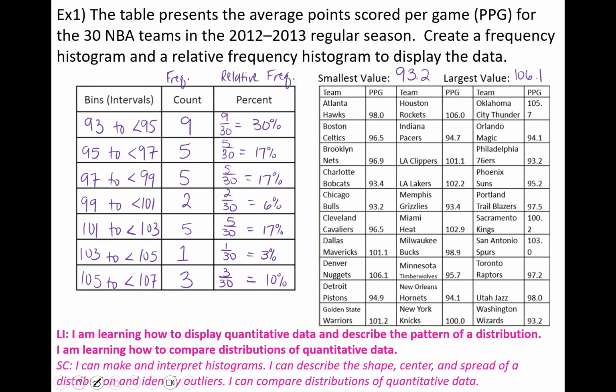So here goes. I'm going to go to a new screen just so I have some space. All right, so I'm going to start by setting up my axes. I'm going to do one of those no-nos that we talked about for the vertical axis. For the x-axis on a histogram, this is actually okay.